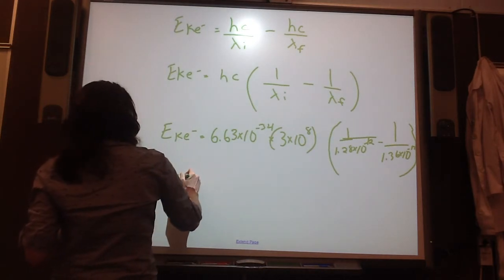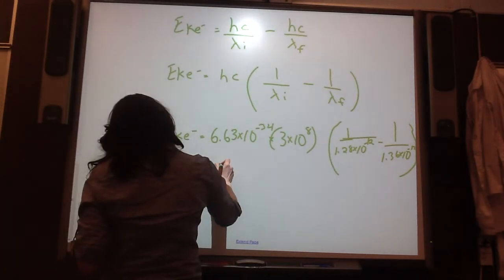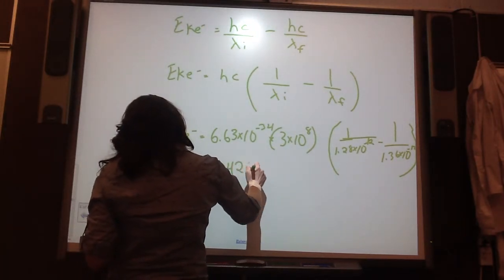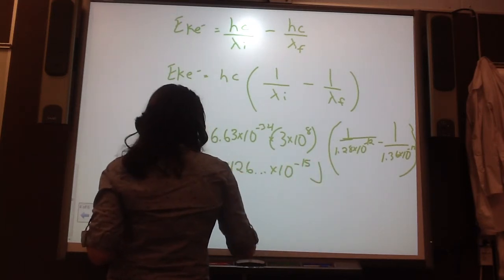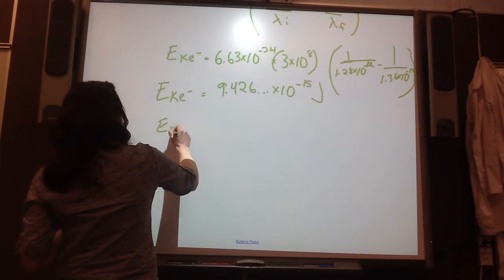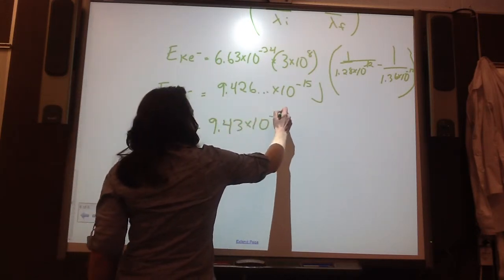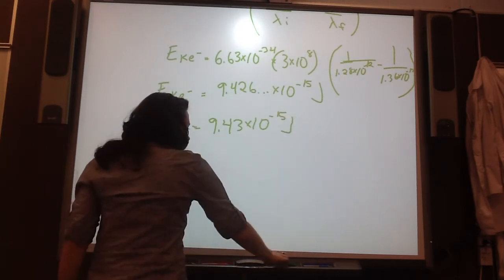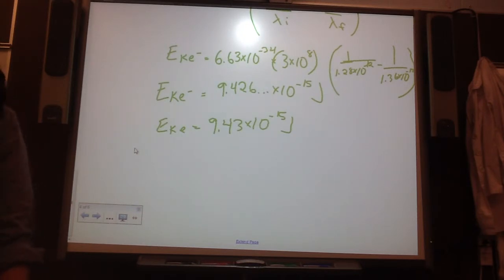So our energy of our electron should be 9.426 times 10 to the negative 15 joules, or 9.43 times 10 to the negative 15. Say hypothetically that a question asked you to put it into eV, then you could just convert to eV from there as well.